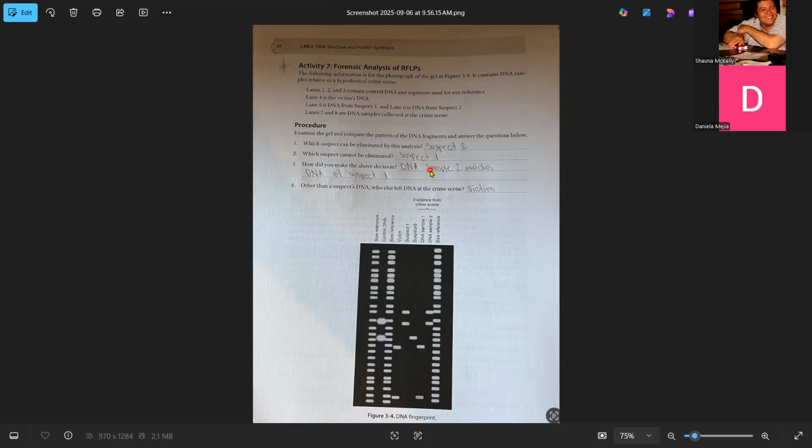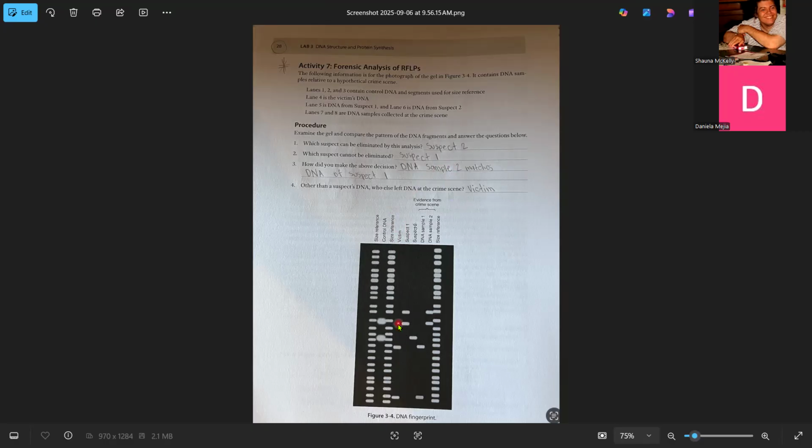The DNA of sample, here's suspect 1. See, suspect 1, here's the victim, and here's suspect 1. The victim is this line here. It doesn't match suspect 1, but it matches suspect 2.